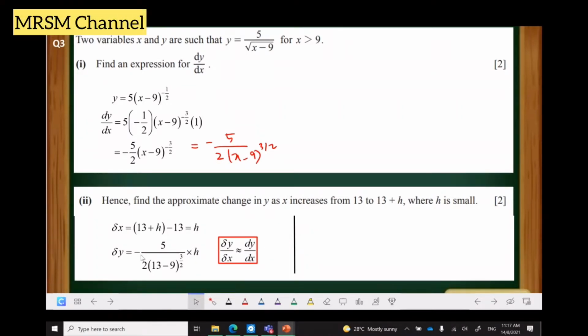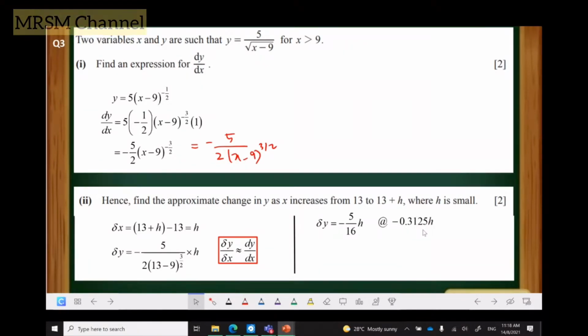Bila kita dah eliminate delta x dekat bawah ni. Okay, so dapatlah macam ni. Alright, so tekan calculator, negative 5 over this one, semua ni. So apa yang you all akan dapat is delta y is equal to negative 5 over 16h. Okay, or kalau tak nak buat macam ni pun boleh tukar jadi negative 0.3125h.